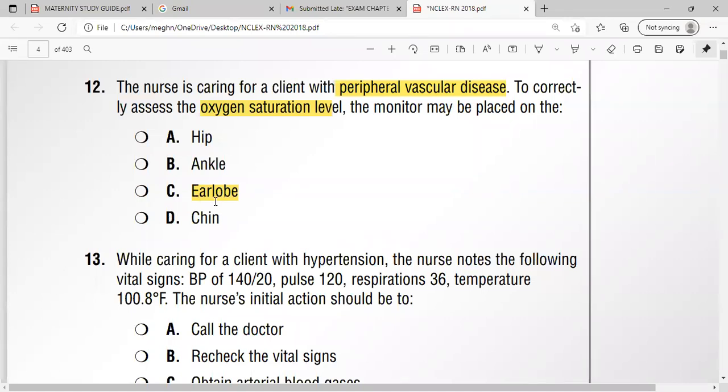It can also be placed on the forehead, but choosing answer A, B, or D will not provide a reading, so it is not a good choice. Only the earlobe.